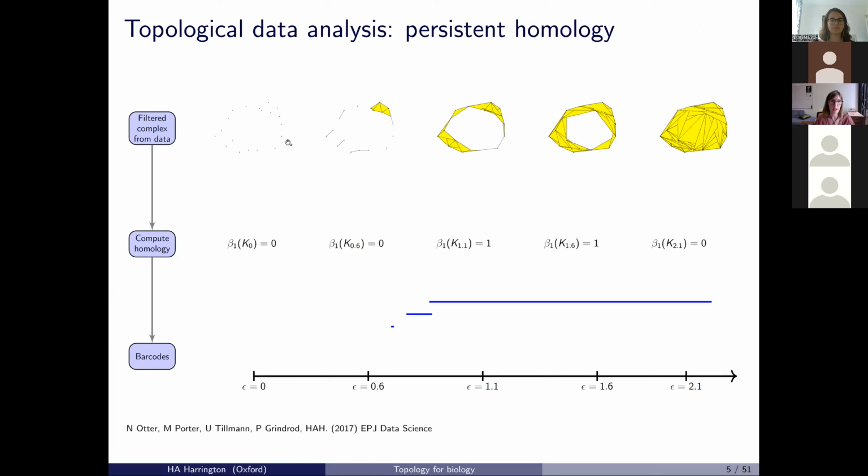Right, so you start with some data, and you build a filtered simplicial complex approximating the shape of that data. We compute these holes, computing homology, and what we get out is a multi-set of intervals called a barcode. Now, 2017 feels very long ago, and this was right when there weren't as many fast implemented algorithms. So we went through the various different software.